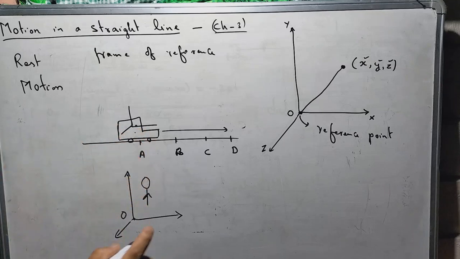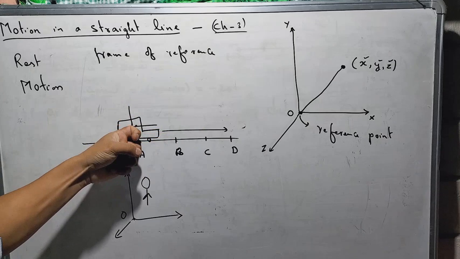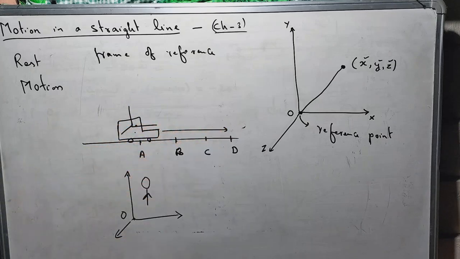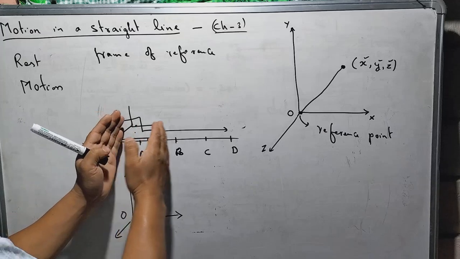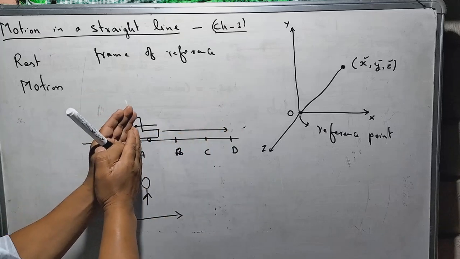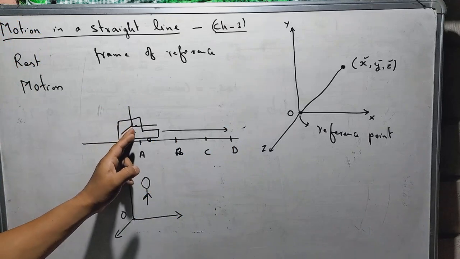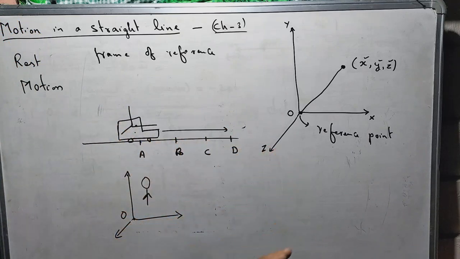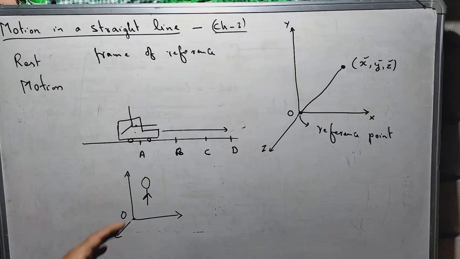A passenger sitting inside the car will say that though the car is moving, with respect to this frame of reference the car seems to be at rest, because as the car moves this side, this frame of reference is also going along this side. With respect to this frame of reference there is no change in the position of the car, so a passenger sitting inside the car will say that this car is at rest.